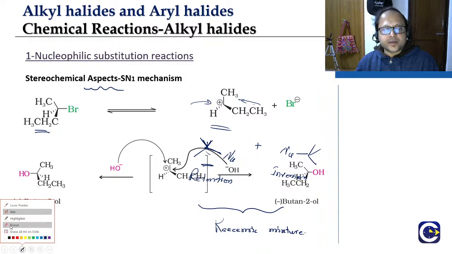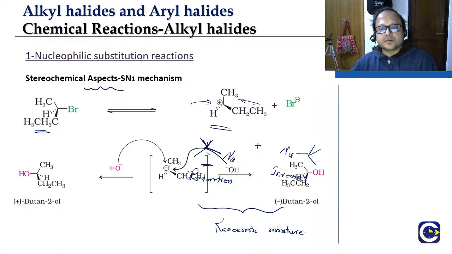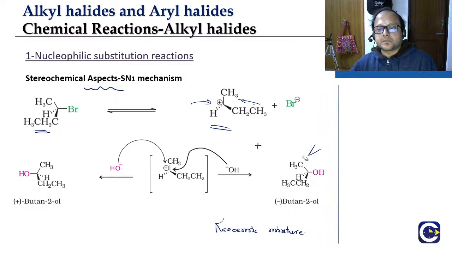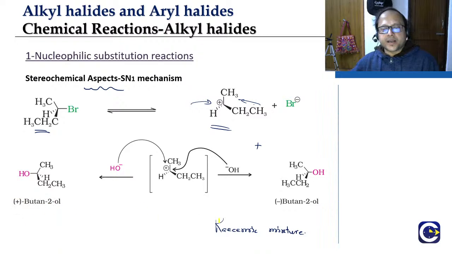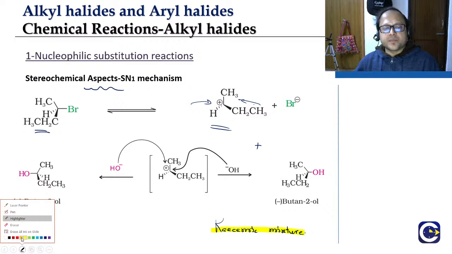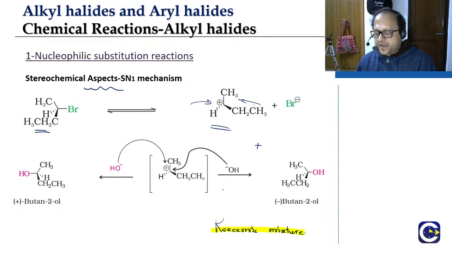Yes, I should have written it in the other part. I'll remove it from here. Right. So what we are getting is a racemic mixture. So these two are enantiomers of each other, formed in equal amounts, and that's what we get always. Fine. So this part is totally clear, I guess.